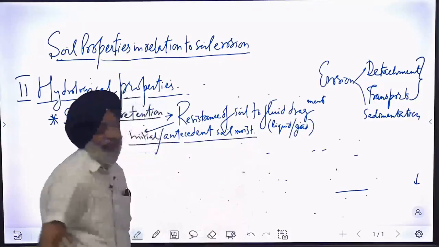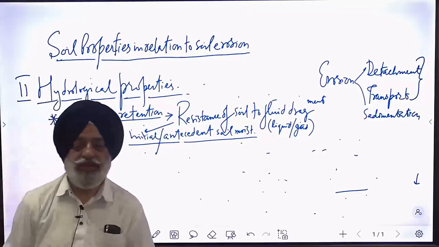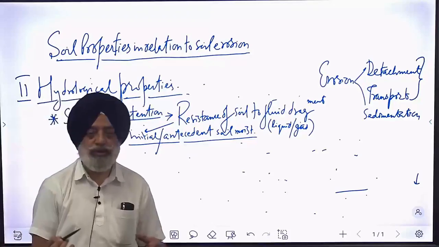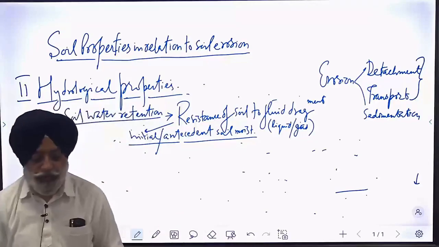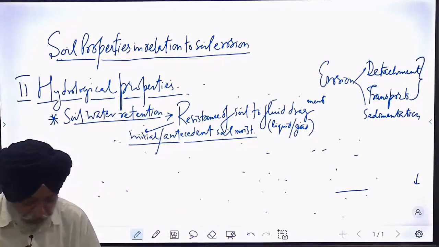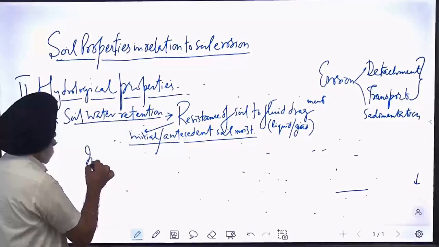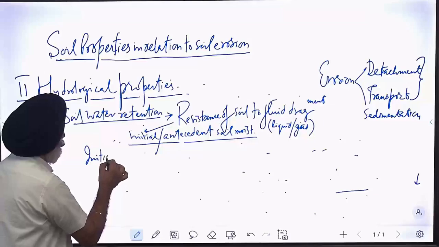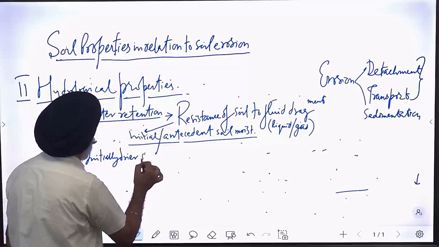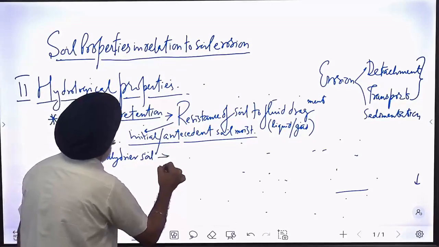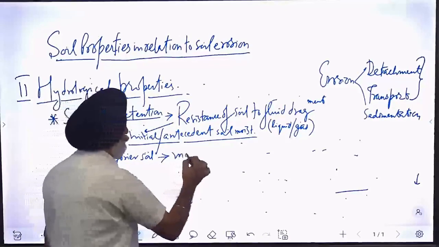And again, this antecedent soil moisture is a function of soil porosity, I mean size of the pores, whether the soil is dominant in macropores or in micropores. So, that determines now if the soil is initially drier, initially drier soil, it will be more prone to erosion.